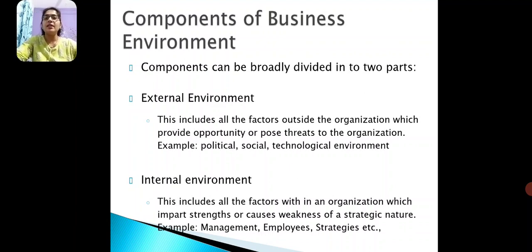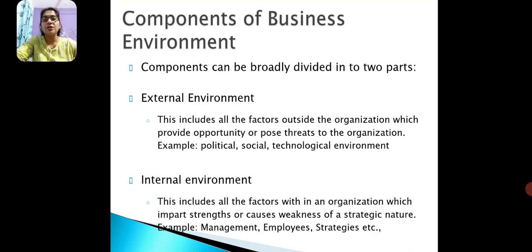External, the name itself indicates, it is outside the control of the organization, or it is outside the business, like all those societal, cultural, government, political, technological factors. So all these, and the entire economy as a whole, are part of your external environment. And the most important thing is you have very little control over it.